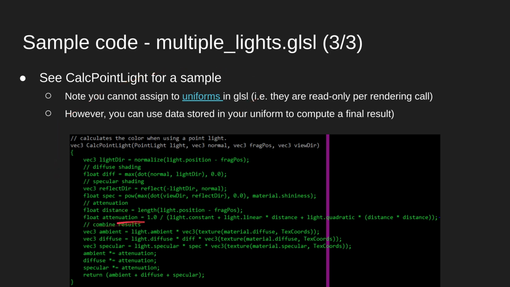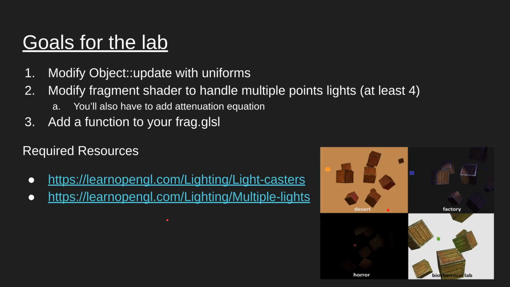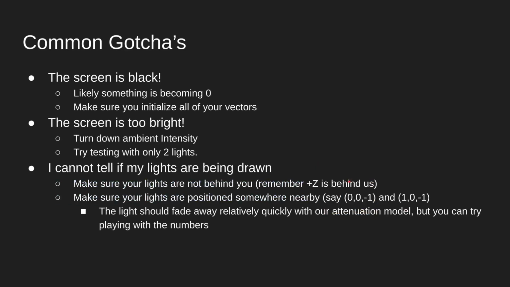Well, it looks like it's in this calculate point light, so you'll have to make sure you model that, include that and understand it, and add an actual function in your GLSL code. You'll have the grass with a brick wall scene, but I've seen folks do some cool stuff where they have lights moving around, or maybe fixed lights that turn on and off at certain intervals. So do really play around with it. I think it's a fun lab.